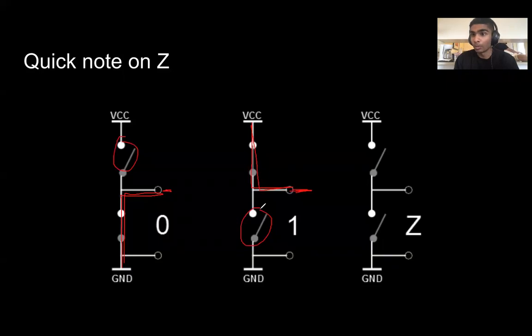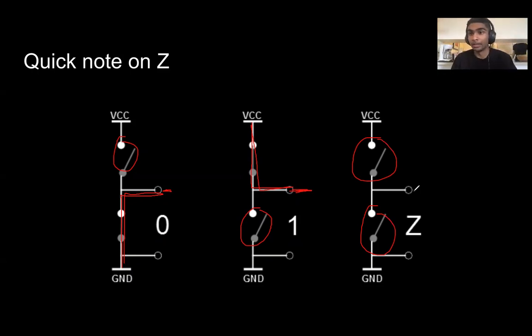But what would happen if we open both switches and there is high impedance between both VCC and ground? Well, the reality is we have no idea. There could be some stray capacitance on this node that could charge or discharge, or there might be some other circuitry connected to the other end.